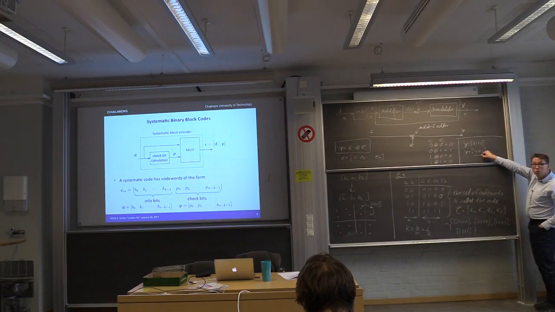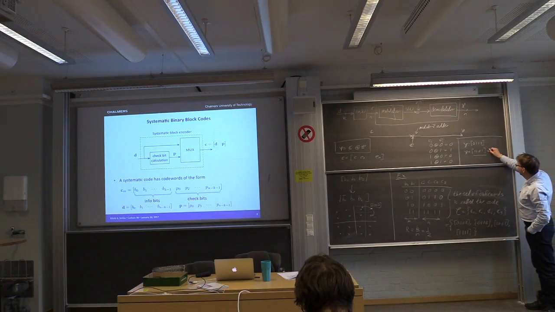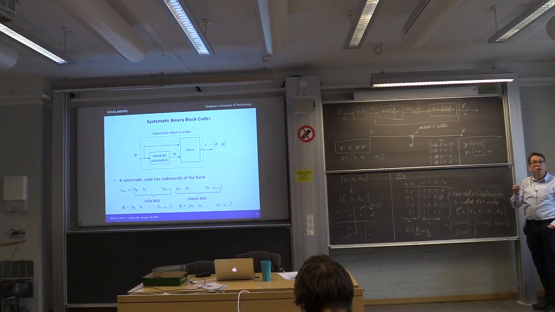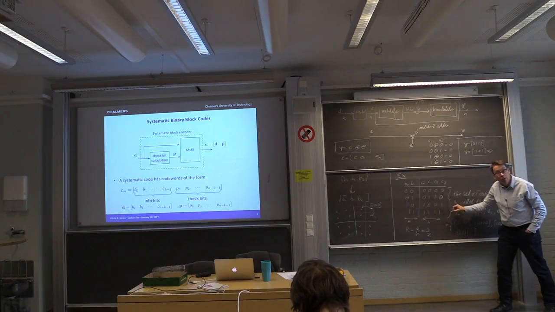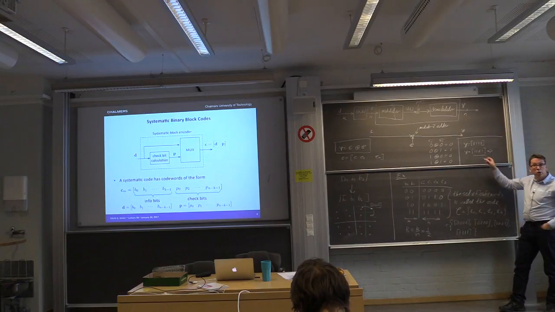So here, for sure, what do we know? An error must have occurred, right? Because this could not possibly be sent. The sender sends a code word, and this is not a code word.